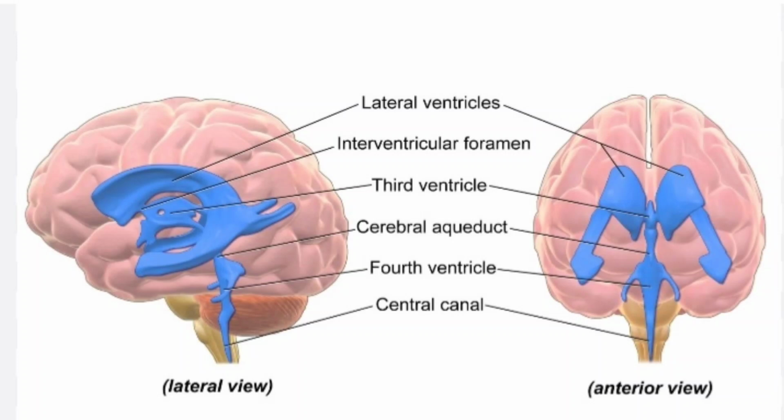If you go down, you will be able to appreciate the cerebral aqueduct, which is continuous with the fourth ventricle. So the communication between the third and fourth ventricle is bound by the cerebral aqueduct, and downward it communicates with the central canal. So this is the anatomy of the ventricular system.